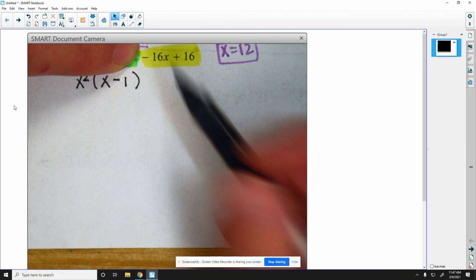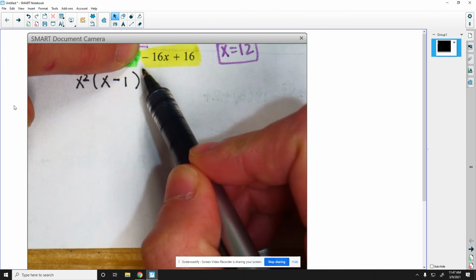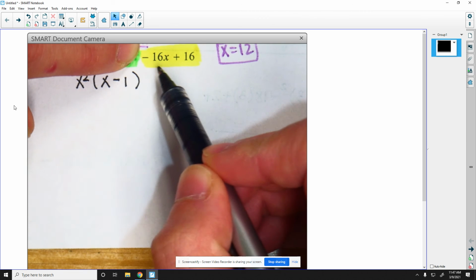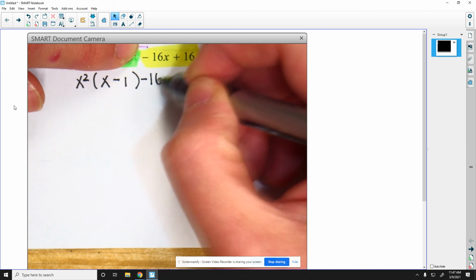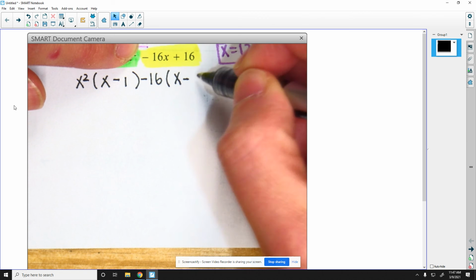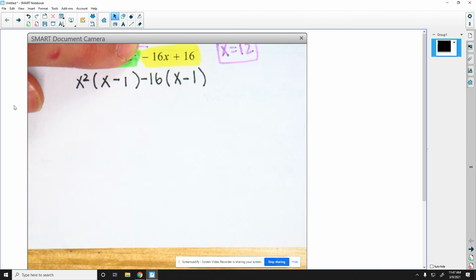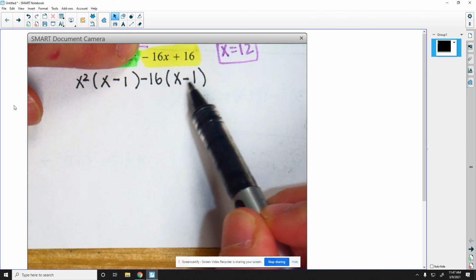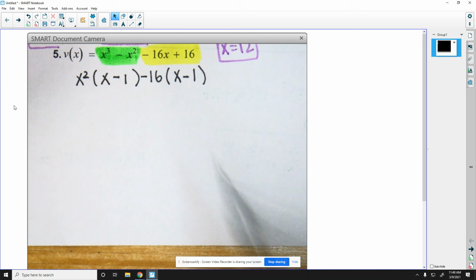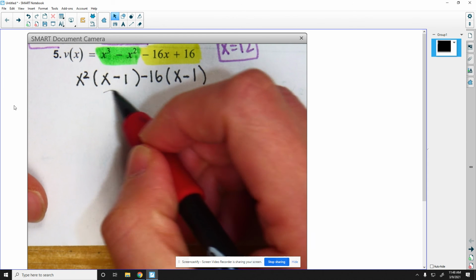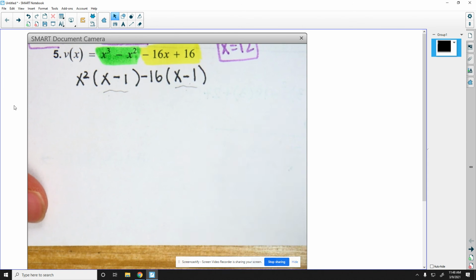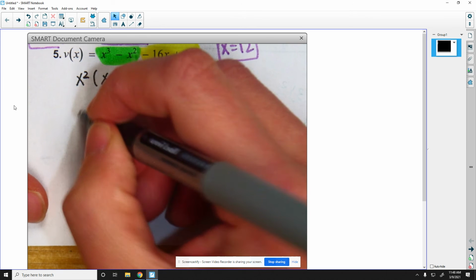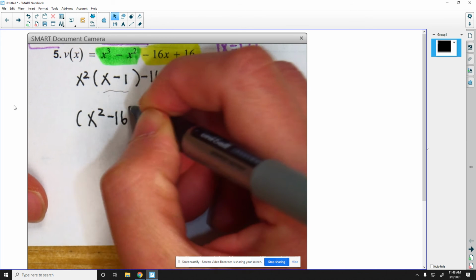Okay. Second group. What can I take out here? 16. Good. But remember, it's not just 16, it's negative 16, because when it starts with a negative, you have to take out the negative as well. So then this plus turns into a minus because I took out a negative. Oh, look, I know I did it right because you have the same thing. So now I have x squared minus 16 and then x minus 1.